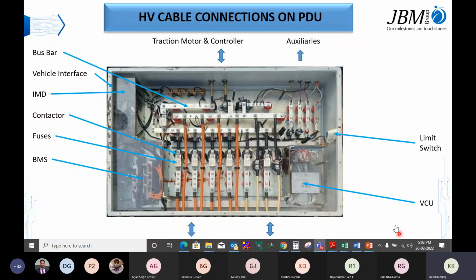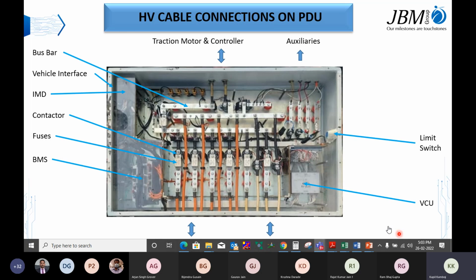Okay, sir. And one more query, sir. See, the string fuse ampere rating is 250 ampere, sir. At the same time the contactor ampere rating is also 250. Usually the fuse rating should be higher than the load, and the contactor is independent from the design point of view.